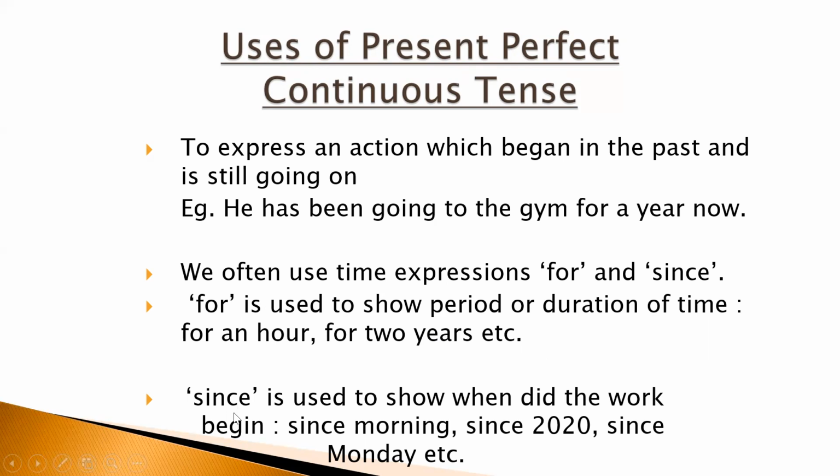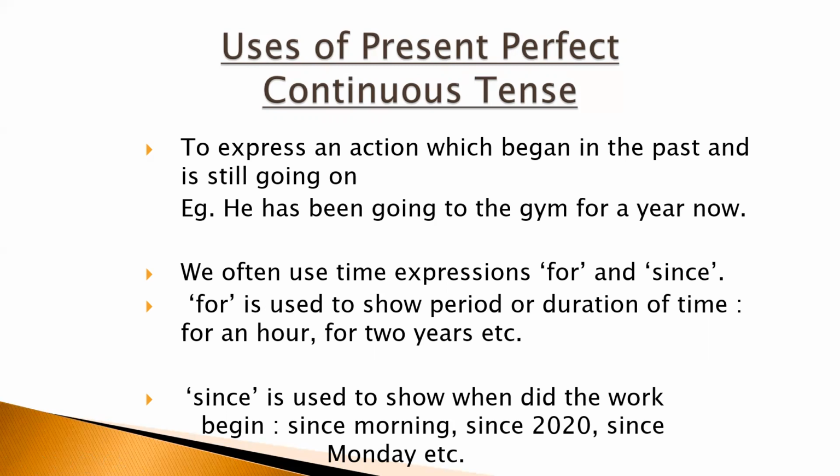Next one is since. Now since is used to show when did the work start or when did the work begin. Like since morning, the work started in the morning. Since 2020 means the work started in 2020. Since Monday means the work started on Monday. So here we show when did the work start, and we do not know for how long it went on.